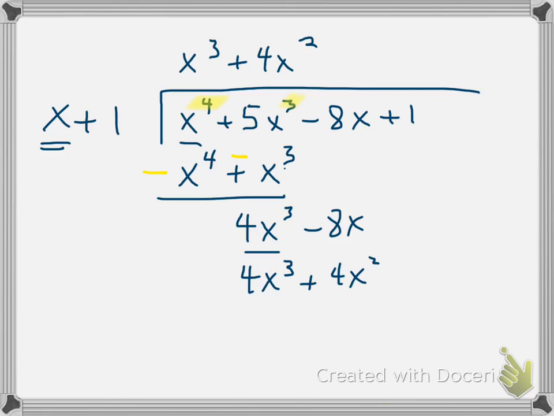We still need to have a placeholder for x squared terms. So really what we have to do here is plus 0x squared minus 8x. What was the final term? Plus 10. We have to have that. So we have a placeholder here.